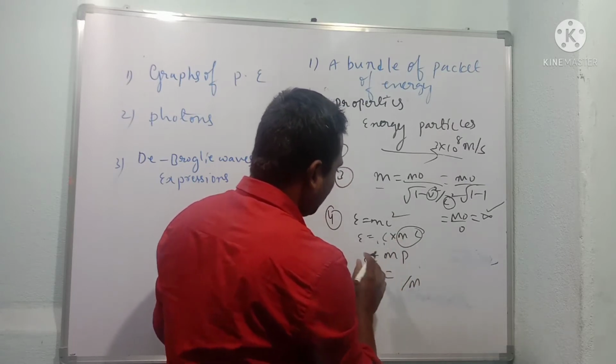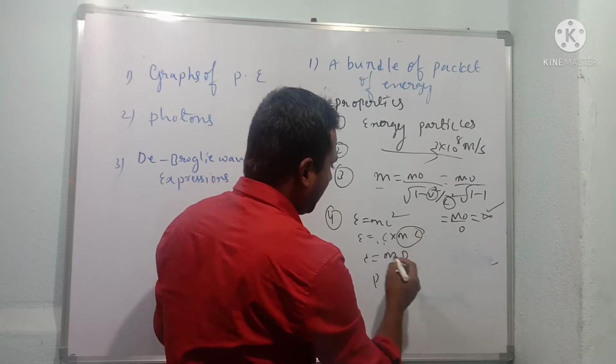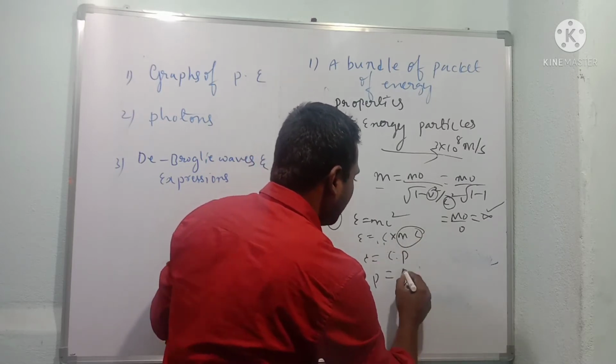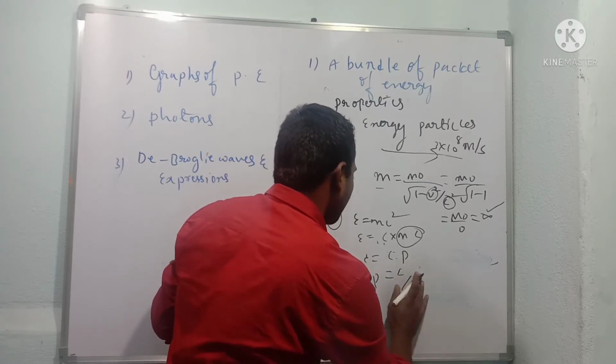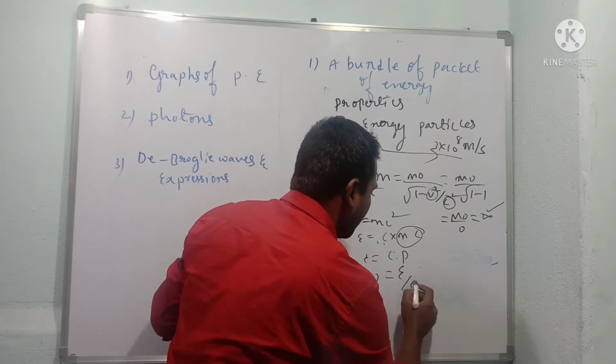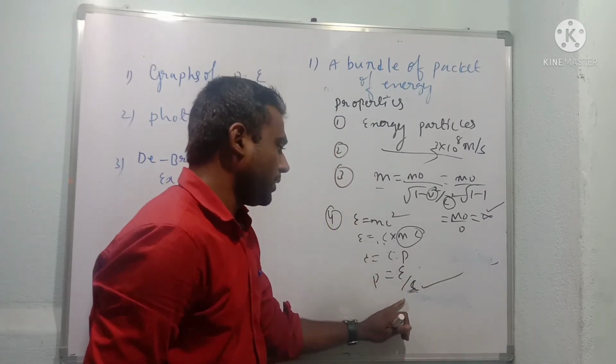Now E is equal to C into mc, and mc means we get P, so E is equal to PC. Now momentum is equal to E divided by C. So this is about momentum.